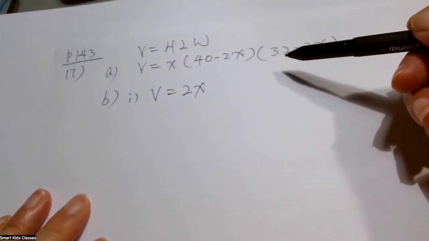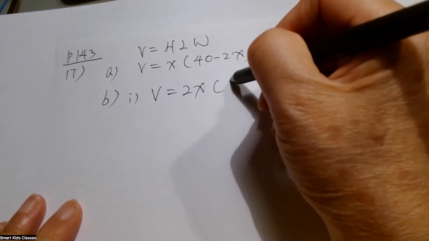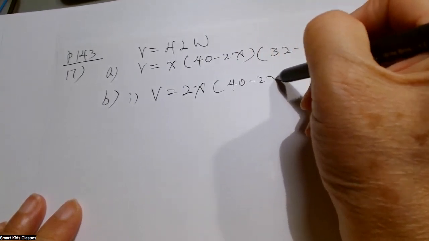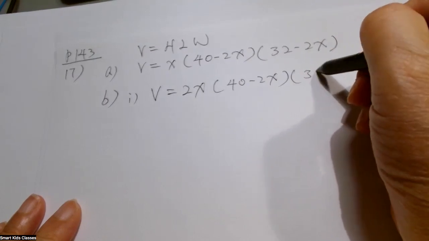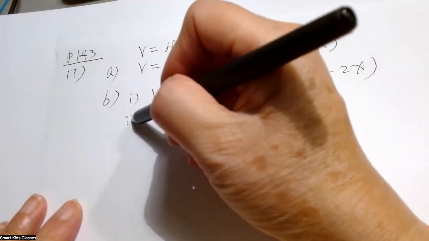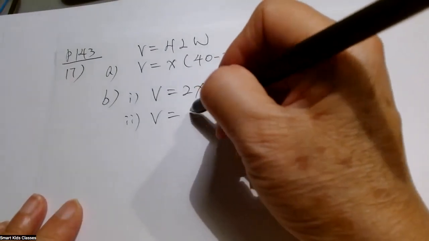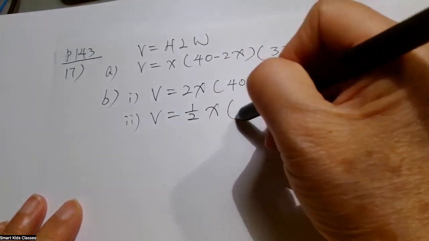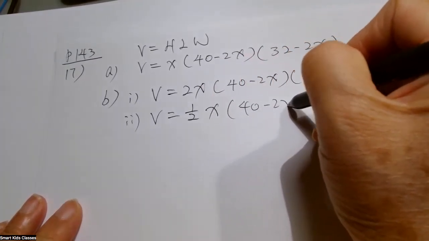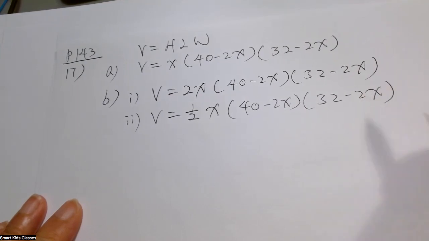So the volume will be double. Now let's write the next one, half of the volume. Then we are going to put 1/2x. That's all, not hard.